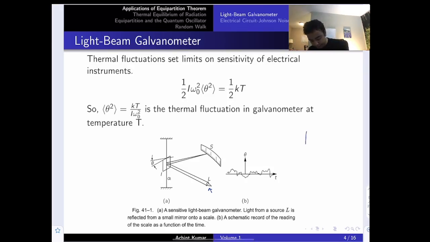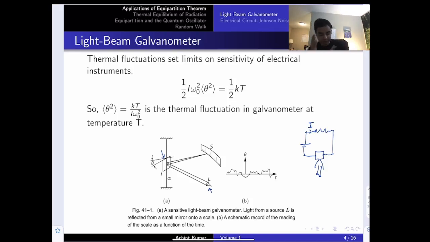So I can imagine there's a source of battery, there's some resistor, and then there's a light emitting diode at the bottom. And if I increase the current I, the amount of light that is coming out of this light source increases, and this light rotates the mirror, which is here, and this mirror is connected by 2 wires.